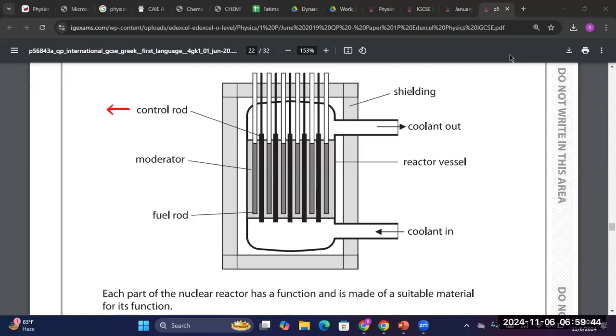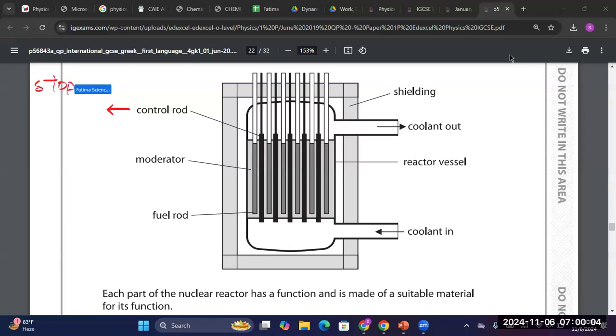We need some way of controlling it, some way of keeping it in check, because if it's just going to keep on happening and happening, then how is that going to help you and me? So for that we need control rods. Control rods will stop the neutrons. That's the function of the control rods.